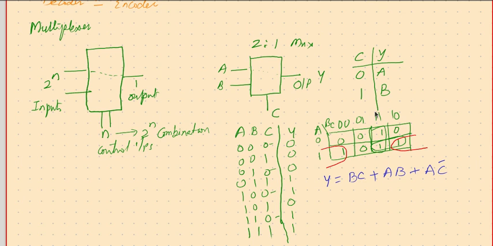So these two are B and C bar, these two are A here and B here, and these two are A here and C bar here.